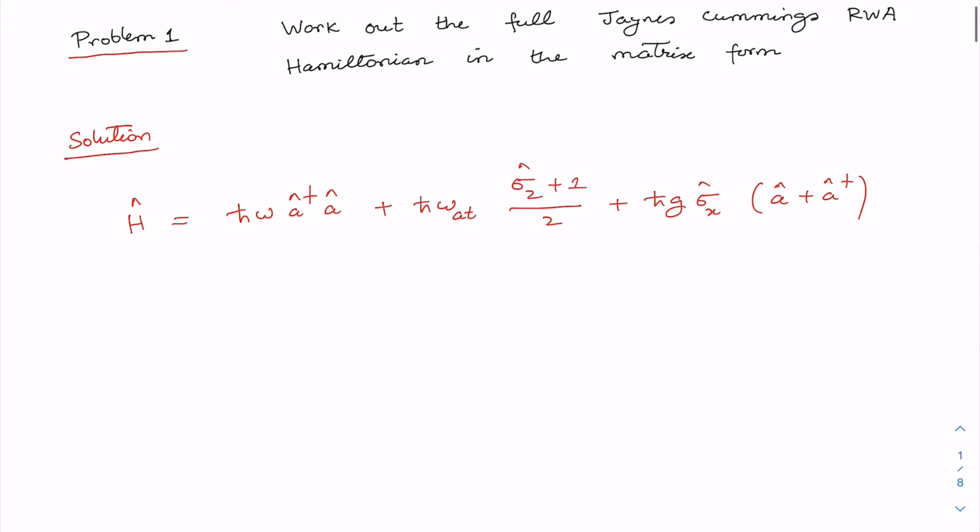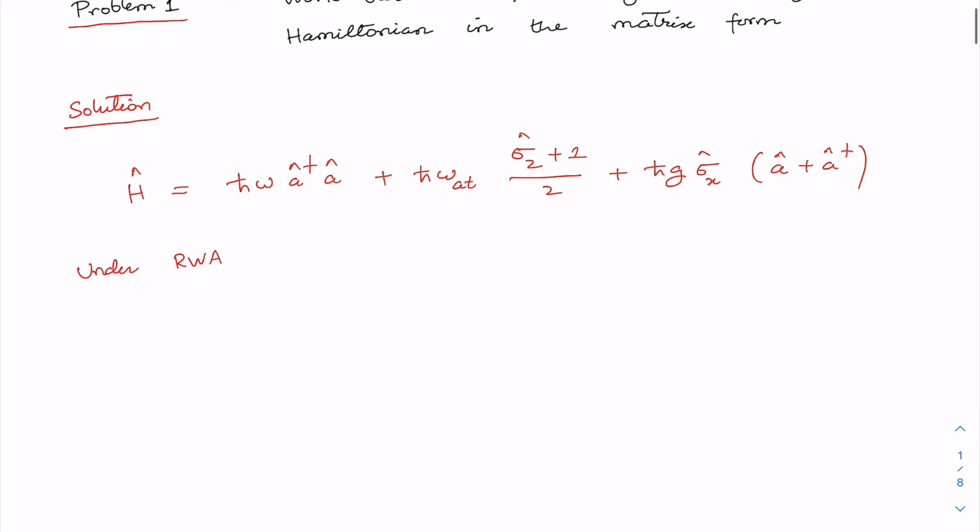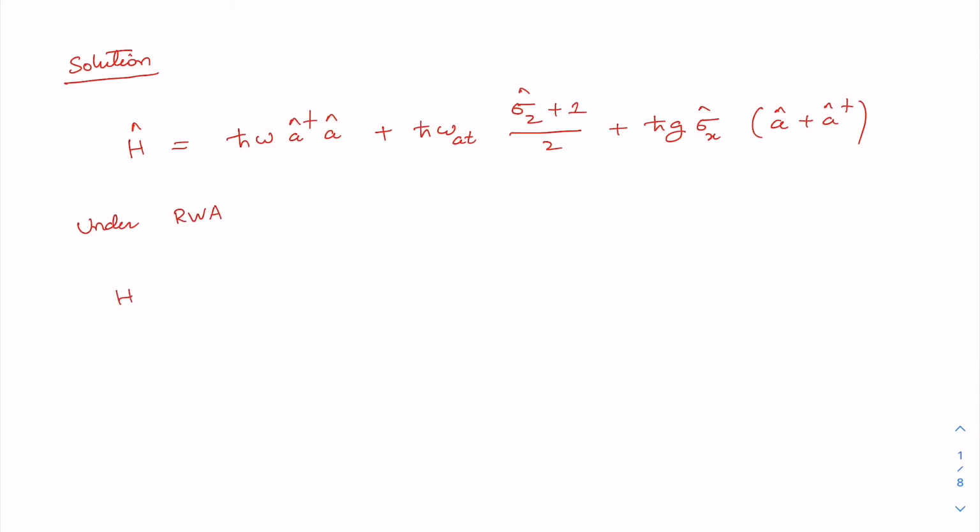Now, under the rotating wave approximation, we wrote this Jaynes-Cummings Hamiltonian as follows. H is equal to, the first two terms remain unaltered: ħω a†a plus ħω_atom (σz plus 1)/2.